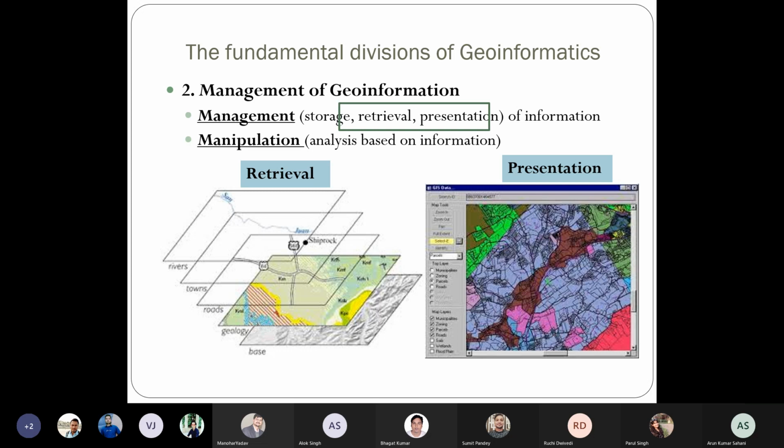Just see over there that the black lines represent the road network, and maybe this brown color represents the river flowing through that area. Similarly, other objects can be presented by assigning a different color to them.